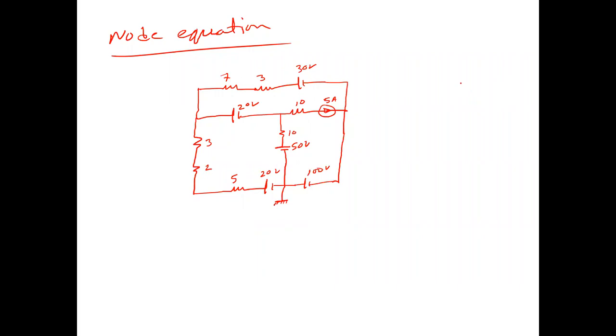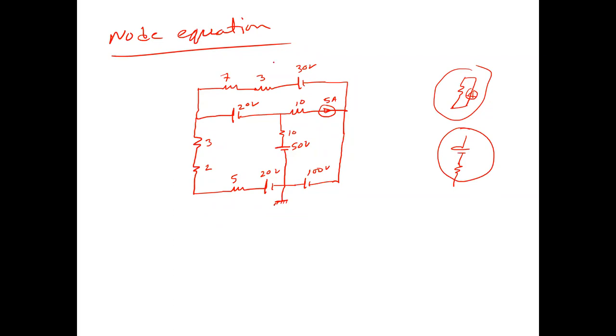Suppose in our previous circuit you have a resistance and a parallel current source. So for the parallel current we use the source conversion formula, and then it becomes a series voltage and resistance. Okay, we already solved this problem with the loop equation formula.